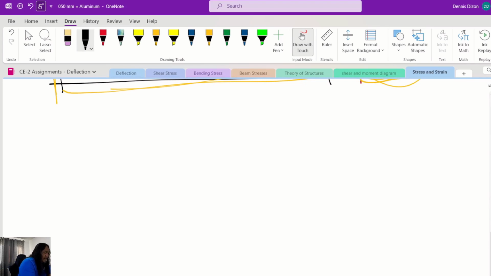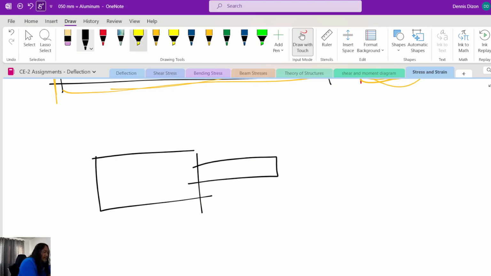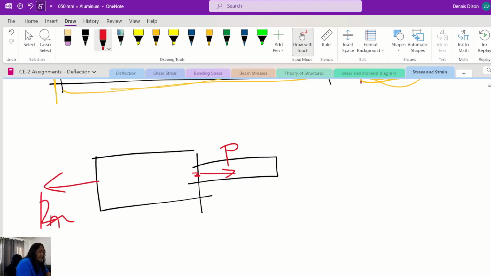So this is our aluminum, and then this is our copper, and then this is our force P here at the joint. Since we only have one force P, which is acting to the right, all reactions will be going to the left. So this is the reaction at aluminum, and then this is the reaction at copper.